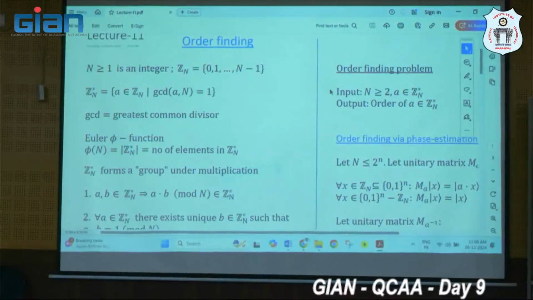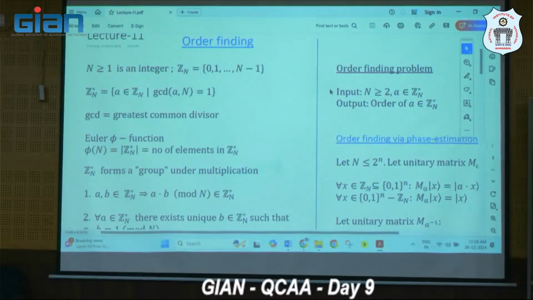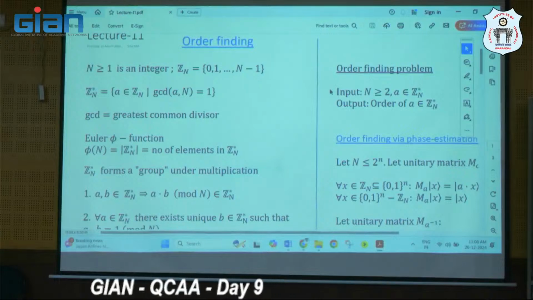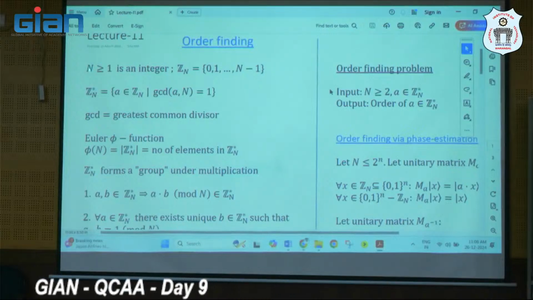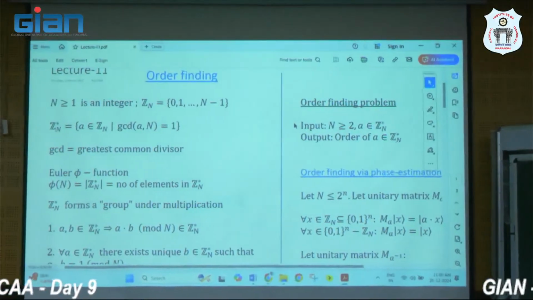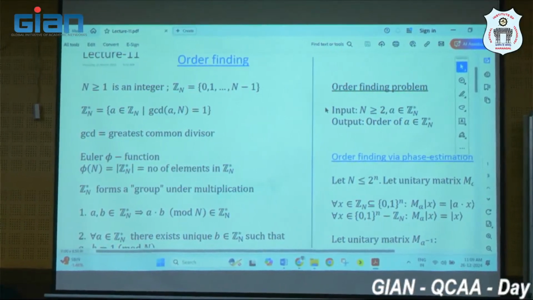What is that? You have all the elements A in Zn whose GCD with capital N is 1. That is, they are co-prime to n.